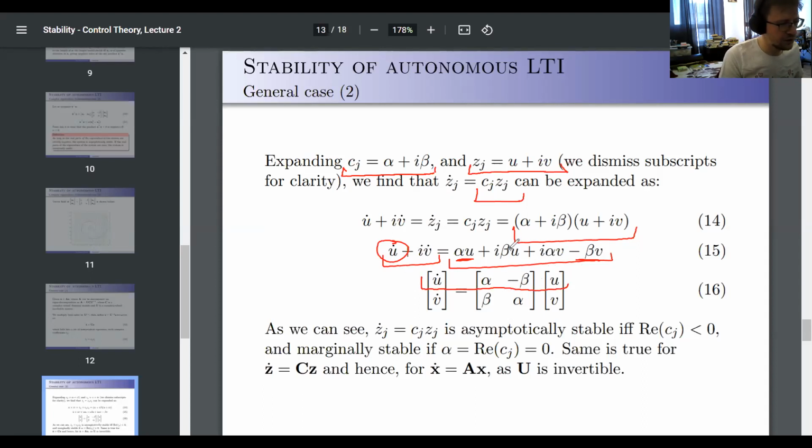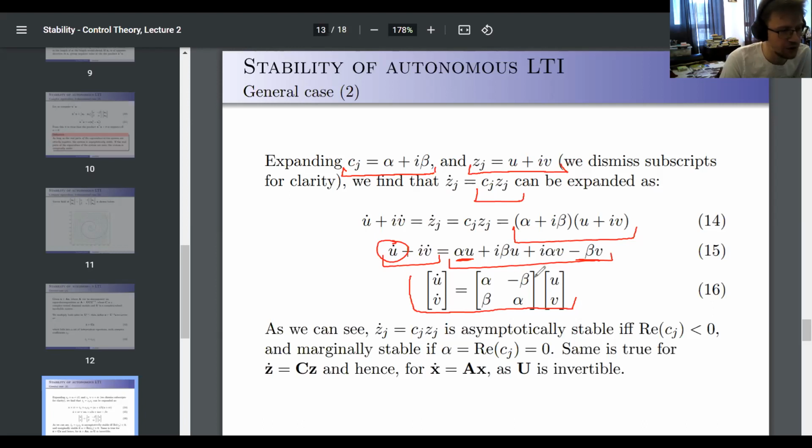V dot is beta times U plus alpha times V, so this equation here. Complex numbers can be rewritten as vectors, remember. Good, so we arrived at the exact same equation that we saw before.